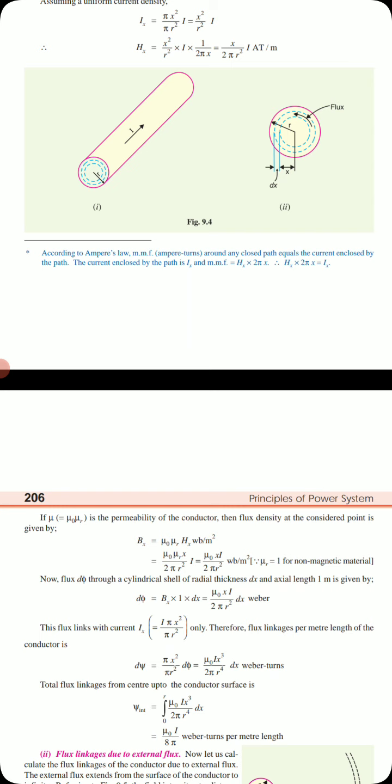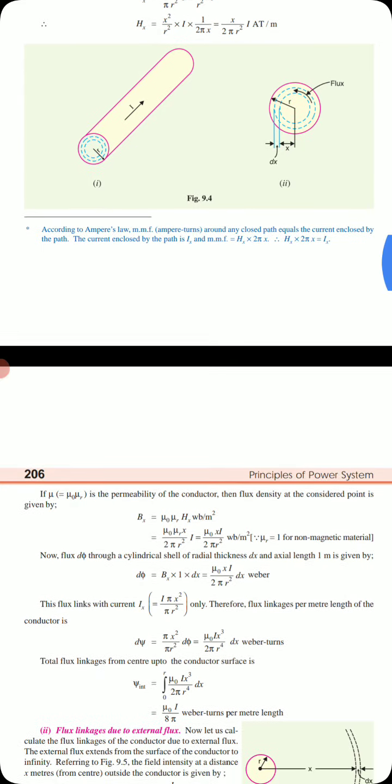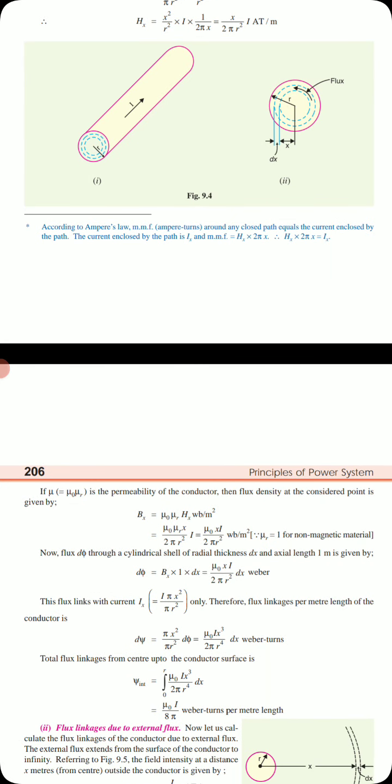Mu r is 1 for non-magnetic materials such as air. So Bx is equal to mu naught mu r times x by 2 pi r square into I, or, if a non-magnetic material is used, only mu naught is taken: mu naught x I divided by 2 pi r square, Webers per meter square.